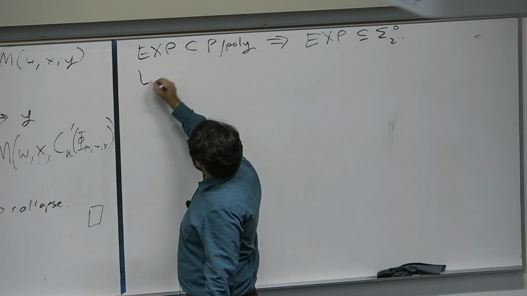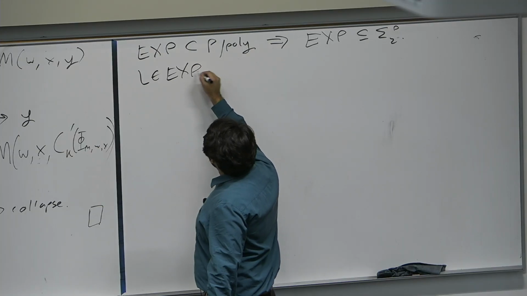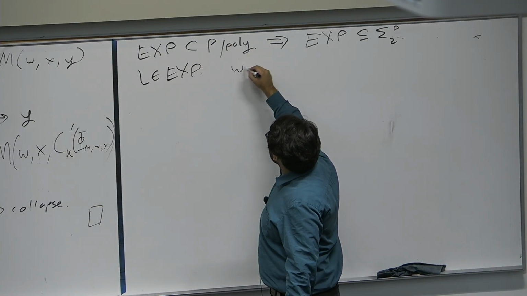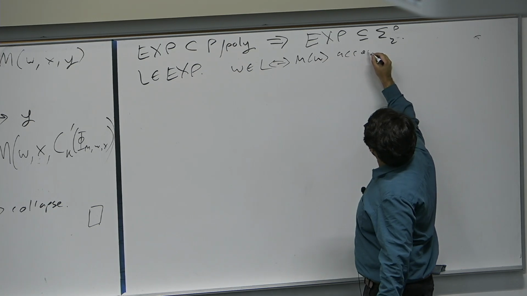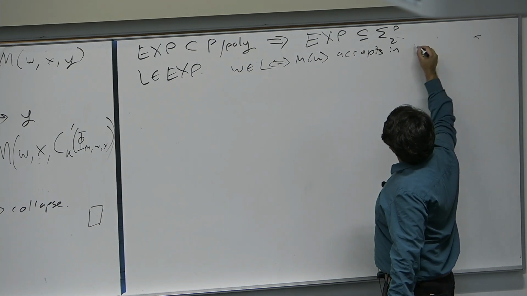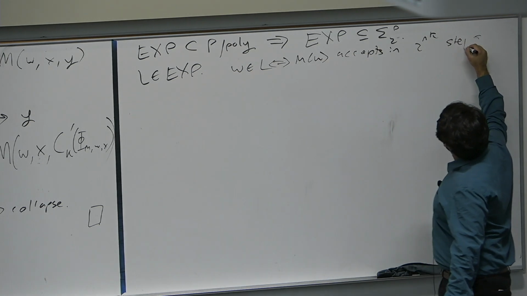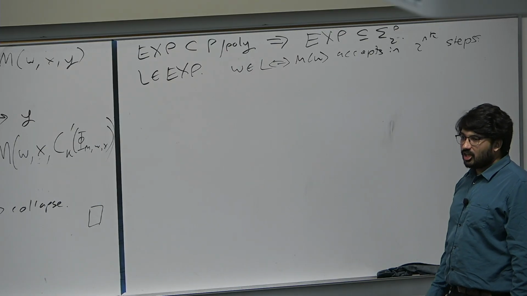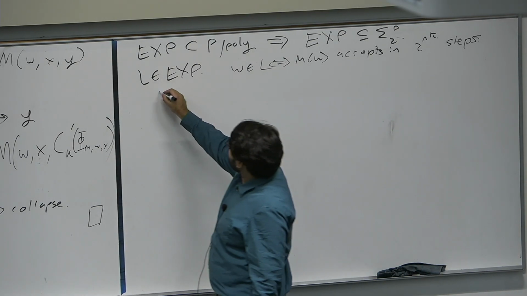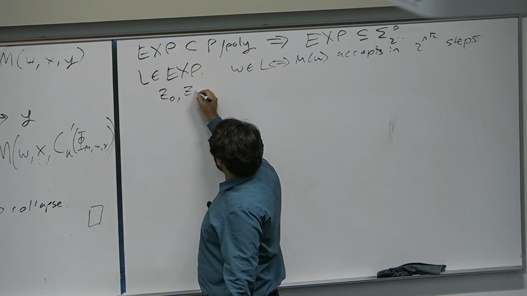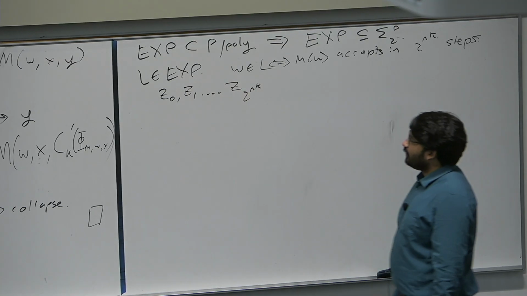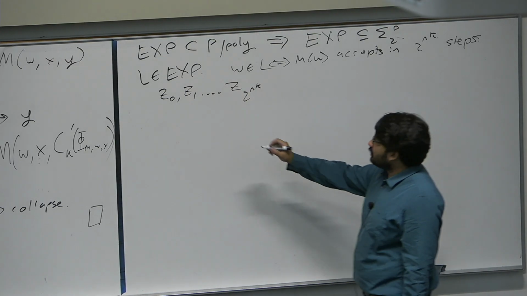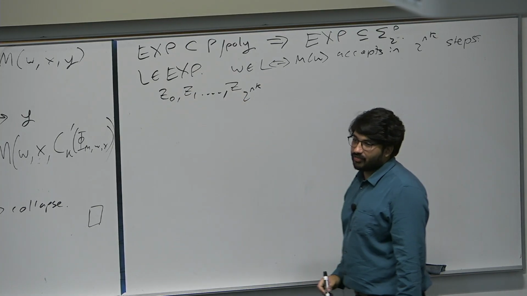If L is in EXP, what do we know about it? There's a machine M such that W is in L if and only if M on W accepts in 2 to the n to the k steps, right? So there's a sequence of configurations of M, C0, Z1, all the way to, say, Z_{2^(n^k)}. Those configurations exist for this machine, if it accepts.